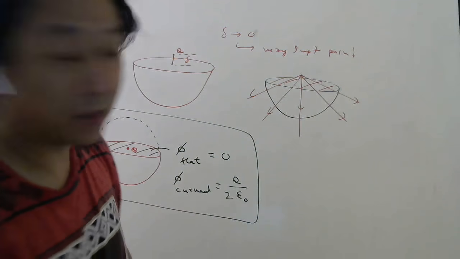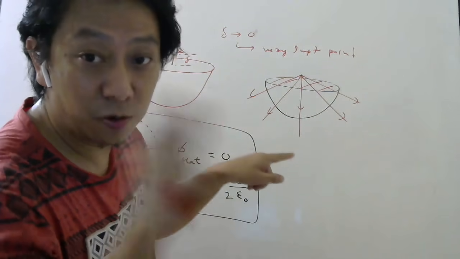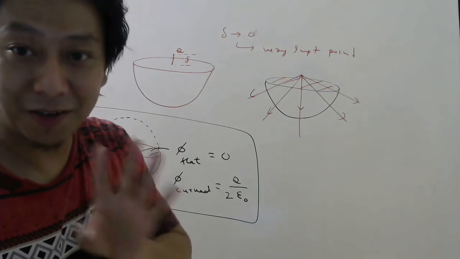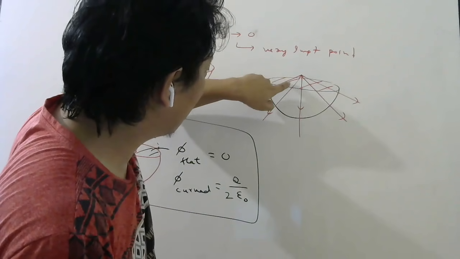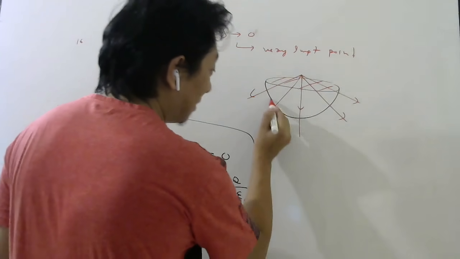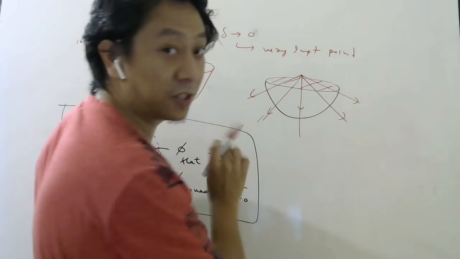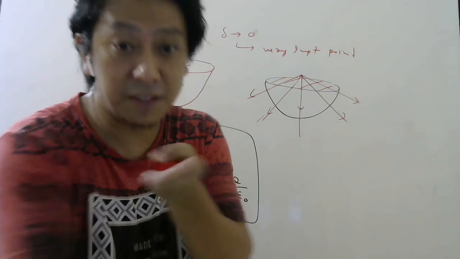But notice something. Whatever lines come out of the curved surface are those lines which have to come into the flat surface. Correct or not correct? You cannot pass one line through the curved surface without cutting the flat surface. It has to cut the flat surface also and the curved surface also.